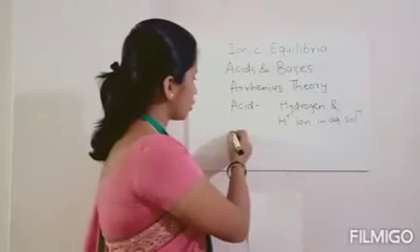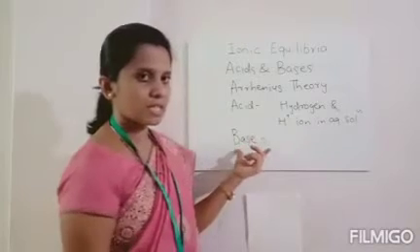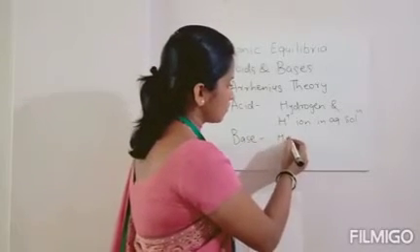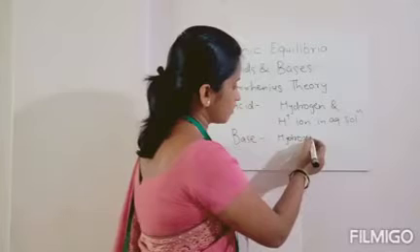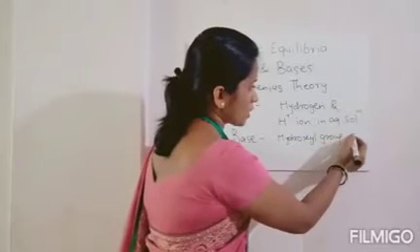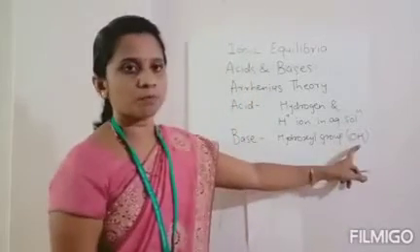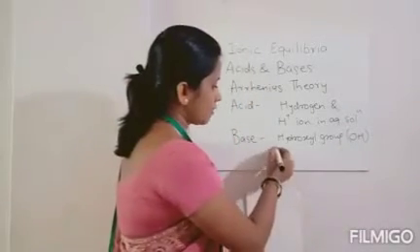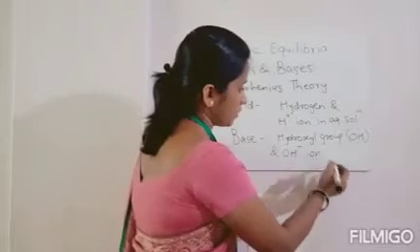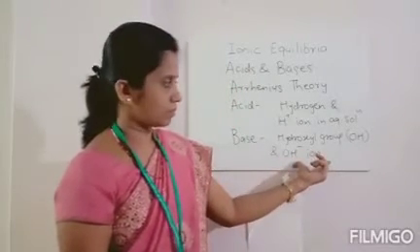And according to this theory, base is what? Base is a substance which contains hydroxyl, that is OH group, and in aqueous solution it will give OH minus ion.